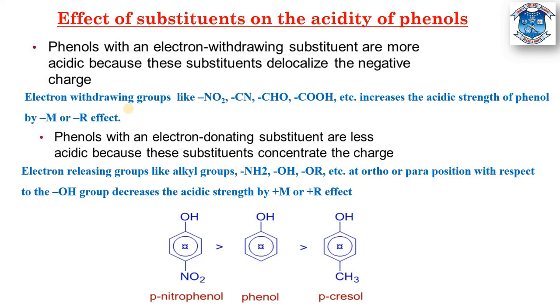So when more charge is intensified at a particular position, then the release of the proton will be difficult to form the phenoxide ion, and hence it decreases the acid strength of the phenol. So you can see the order. Para-nitrophenol is more acidic than phenol, which is more acidic than para-cresol.